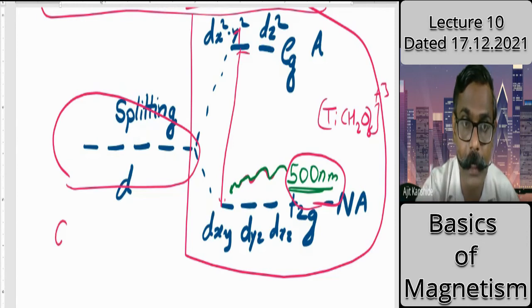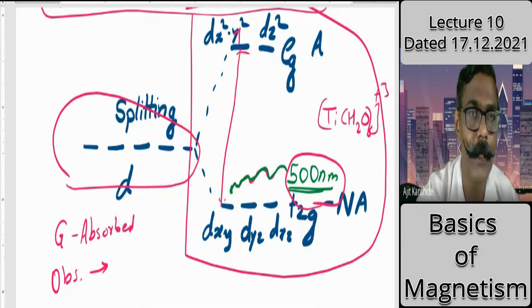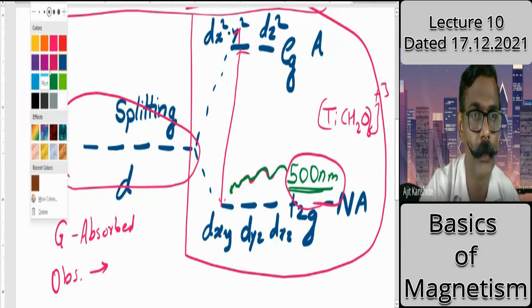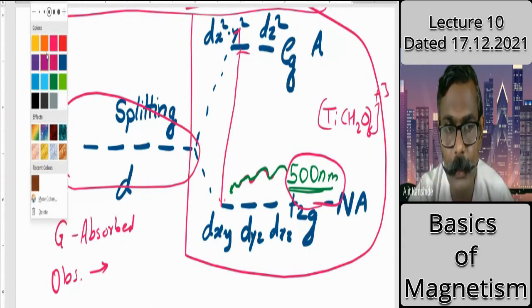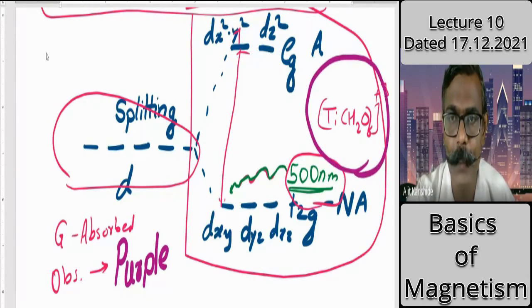When green color is absorbed, the observed color, does anybody know the complementary colors? It is not exact, but the observed color is purple. So the titanium aqua complex is purple in color.